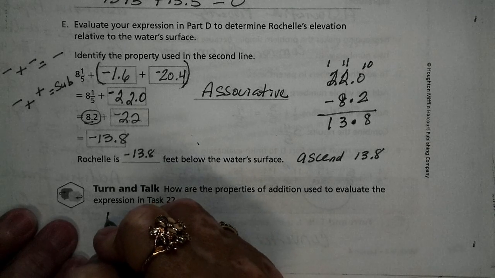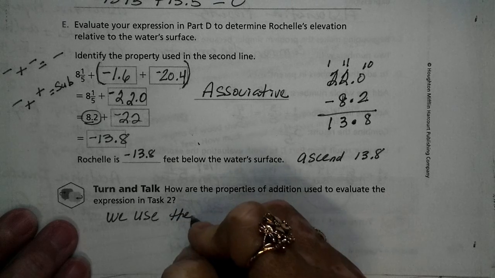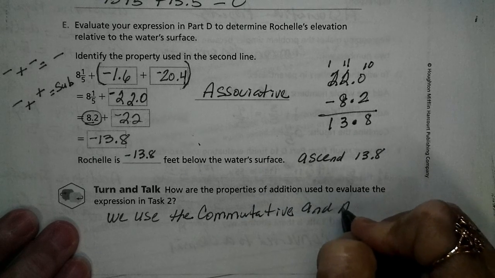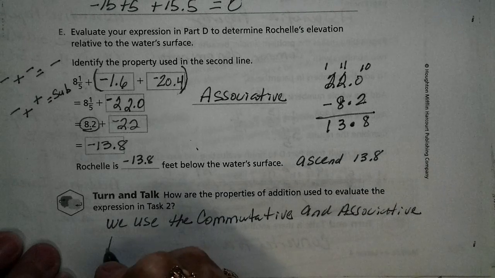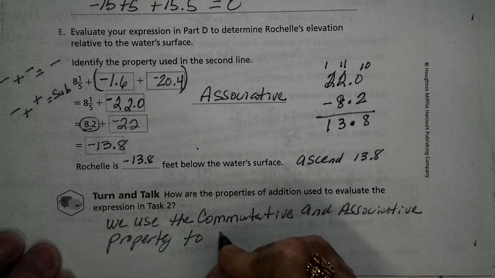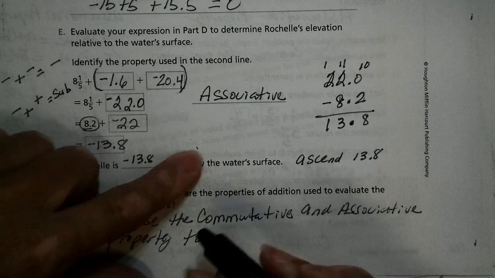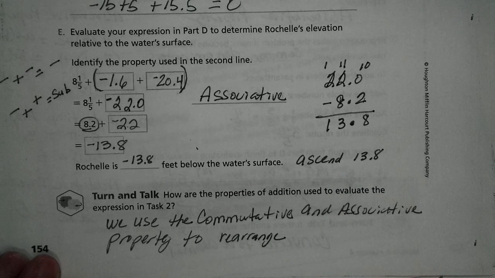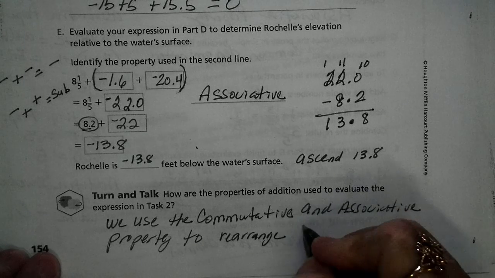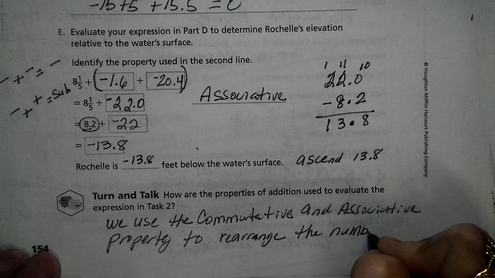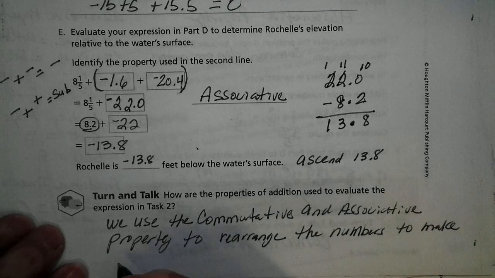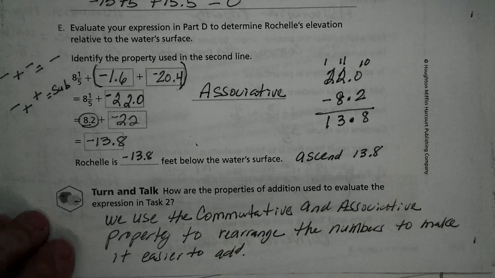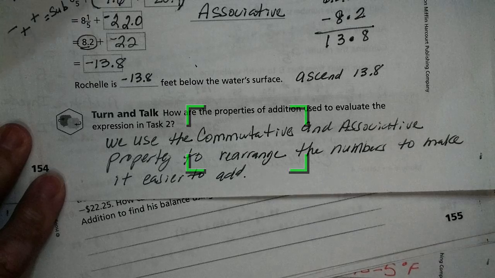So we use the commutative and associative property to rearrange the numbers to make it easier to add. Okay, so that is what you should have.